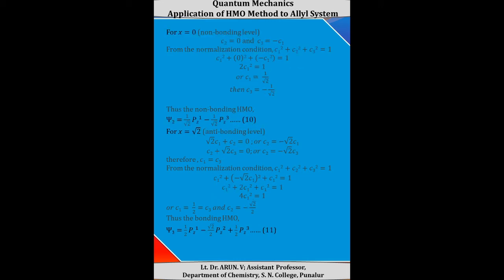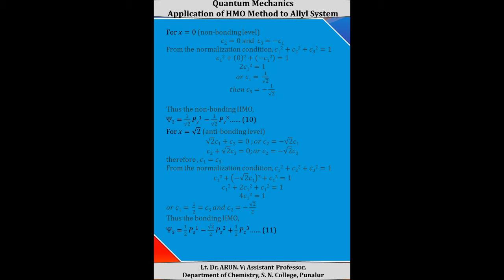Next, we have to substitute the value of x is equal to 0. By substituting this value, we get the molecular orbital corresponding to non-bonding. Here, by substituting x is equal to 0 into the above equations, we get c2 is equal to 0 and c3 is equal to minus c1.